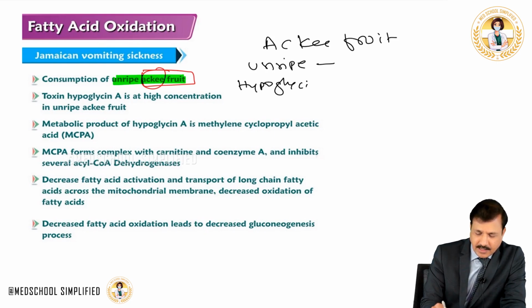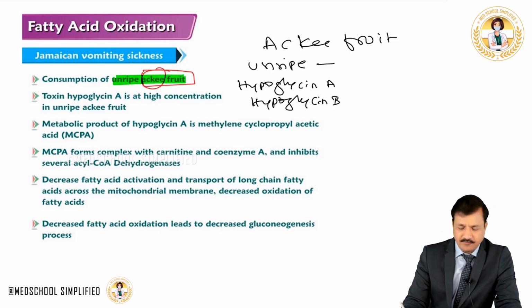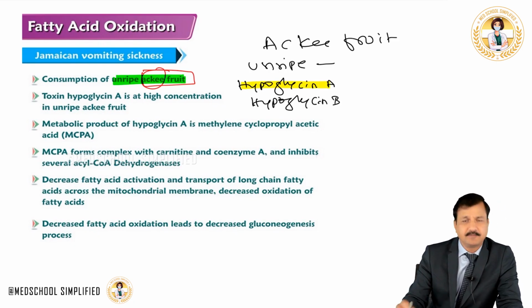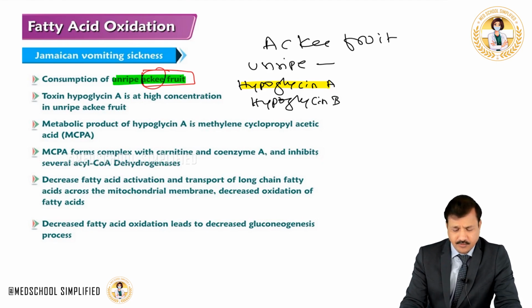Out of these two, hypoglycin A is more toxic compared to hypoglycin B. Anyway, both of them will be there in ackee fruit.